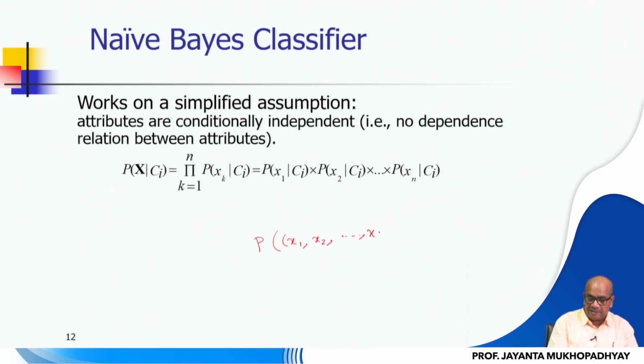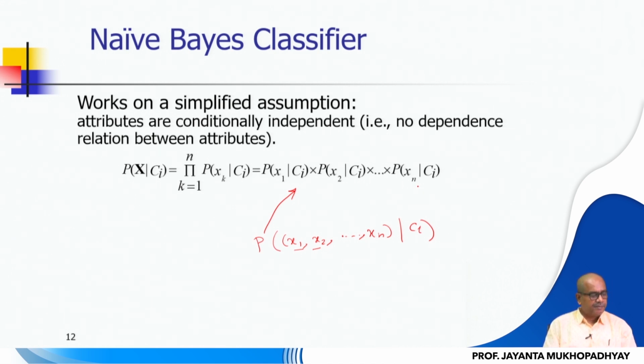We have this n-dimensional feature vector, and I would like to compute the likelihood of the n-dimensional feature vector given a class. If these class conditionals are independent, say conditionally independent, then I can simply write them as the product of all individual conditional probabilities for individual attributes. So the interrelationships among the attributes are not considered.